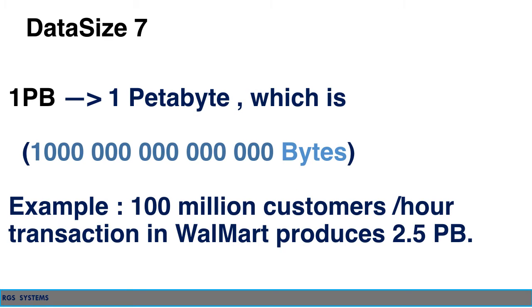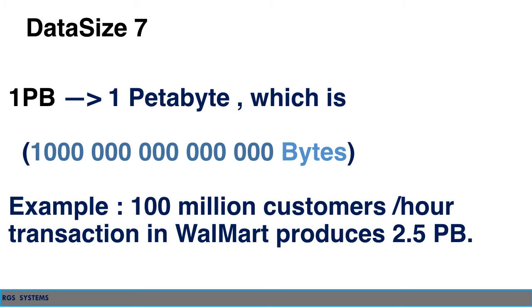The next one is a petabyte. The petabyte is 1000 terabytes, and you could see the zeros increasing. Where do you get this much data?